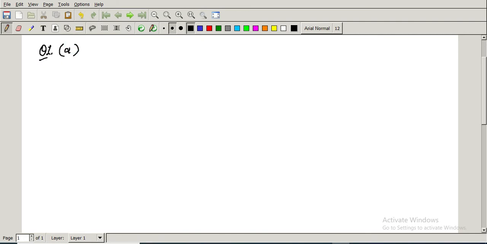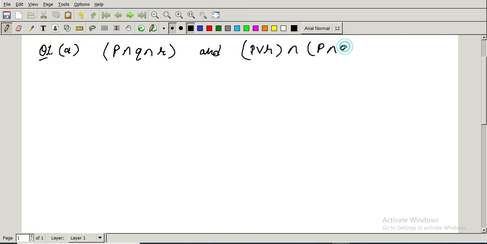You have to show that these two statements, P and Q and R, and P or R and P and Q, are equivalent. So we have to prove that.